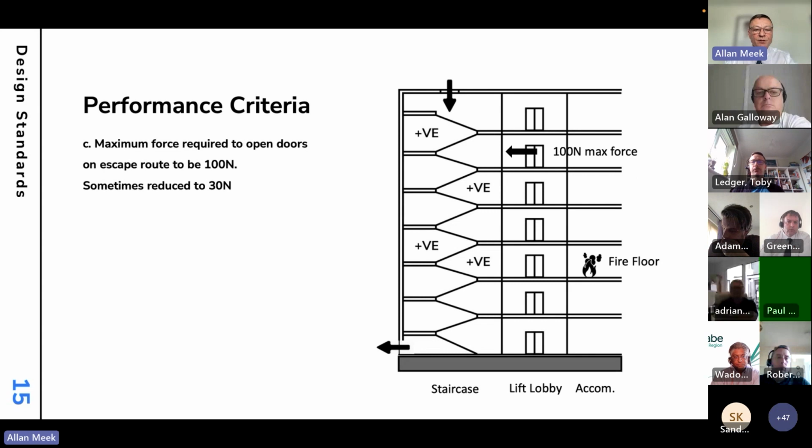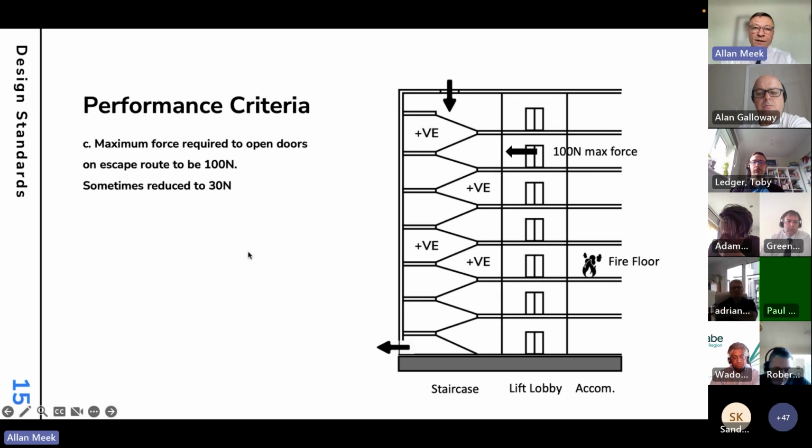The third performance criteria is the maximum force required to open doors on the escape route. Now, if we put too much pressure in there and the pressure rises too much, then that can make doors really difficult to open. So there's a limit on that of 100 newtons. So the maximum force required to open the doors is 100 newtons.